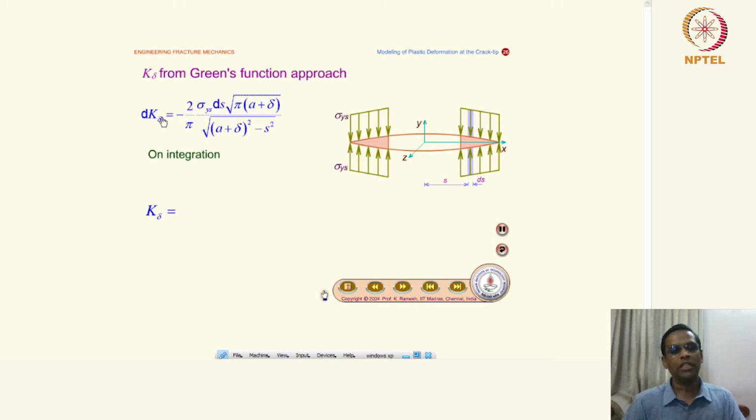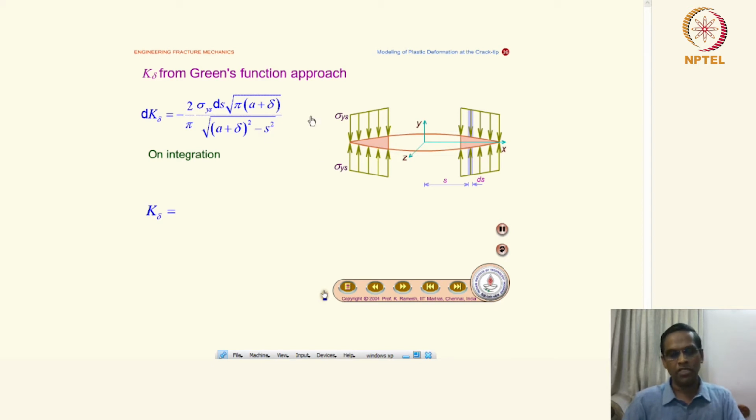But if you look at this expression, it has a minus sign because it is under compression. This K expression is taken from the wedge type of loading, with the Westergaard stress function. This expression was derived. We did not see it in detail, but you can refer to the textbooks.